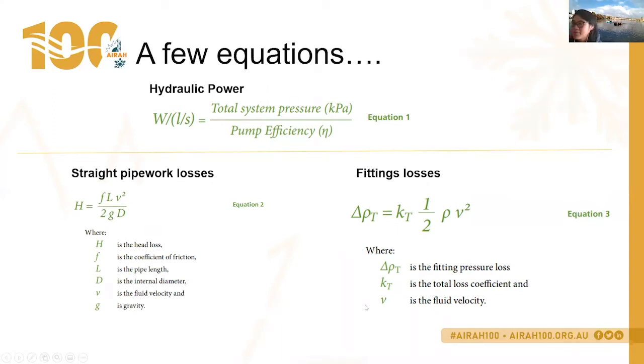And then on our fittings side, we also know what the formula is, which is a function of your fitting loss coefficient that you can usually get from the AIRAH technical handbooks. And it's also a function of fluid velocity.